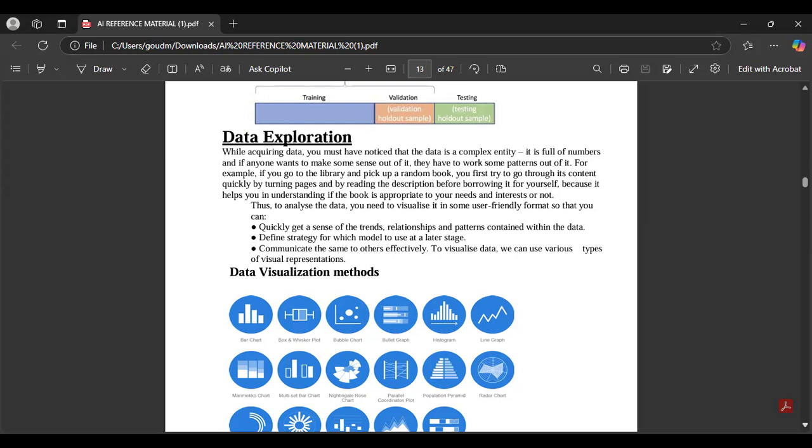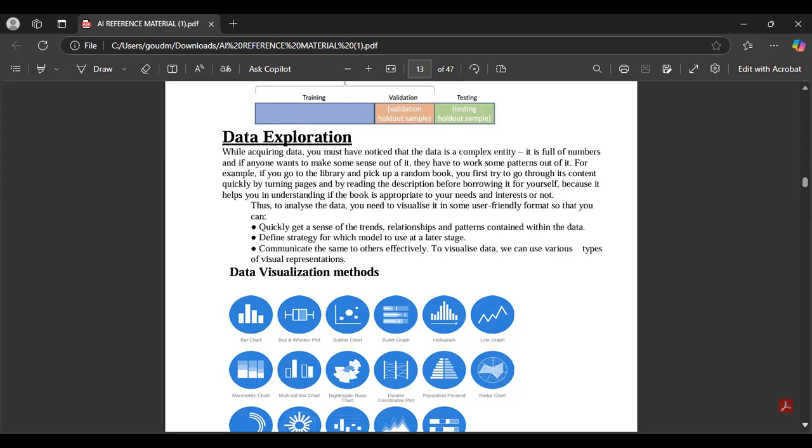So you can represent this data by using different data visualization. Means you can make sense of the trends, relationships and patterns contained within the data, define strategy for which model to use at a later stage, and communicate the same to others effectively. To visualize data, we can use various types of visual representations.